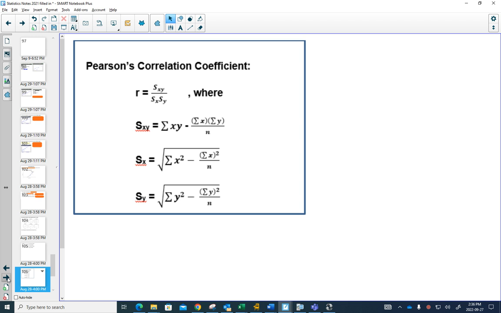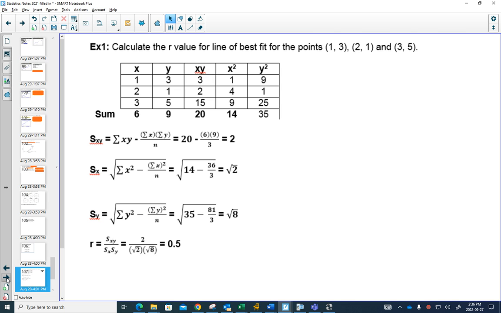So remember that data that we had before. This is those 3 points for that line of best fit. I think we found the line of best fit to be y equals x plus 1. We had already calculated some of this chart, but now we could add to it x squared and y squared. And then calculate each of the things in between.